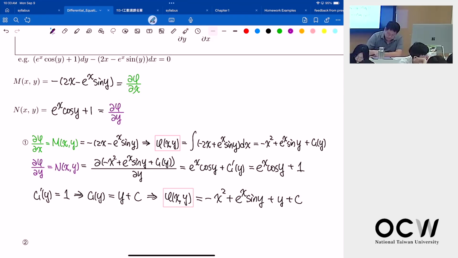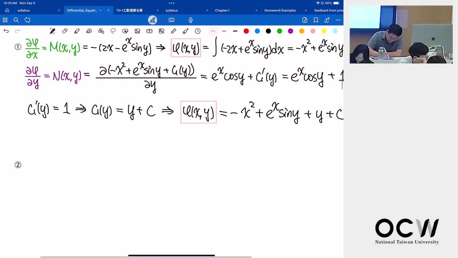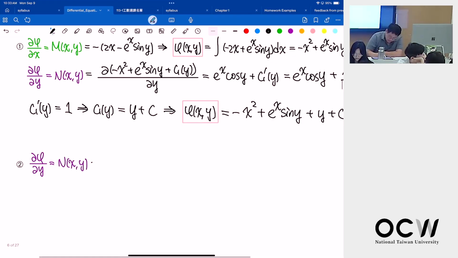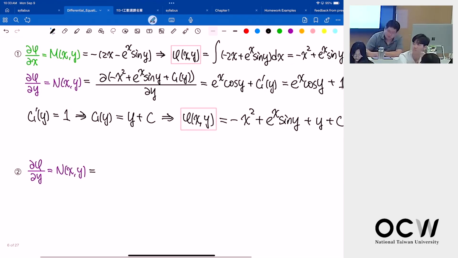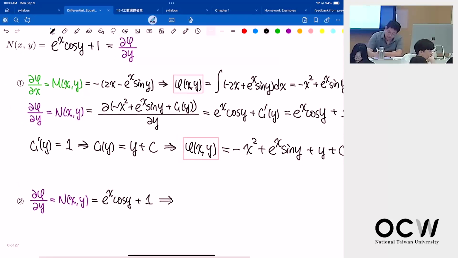If I choose partial phi over partial y, this is the N function. Okay, for this N function, we know it is e to the x cosine y plus 1.